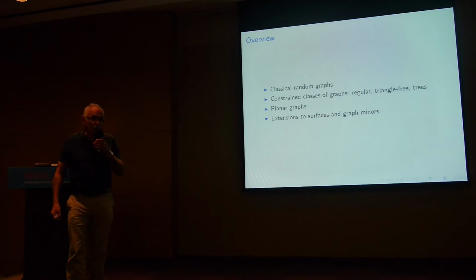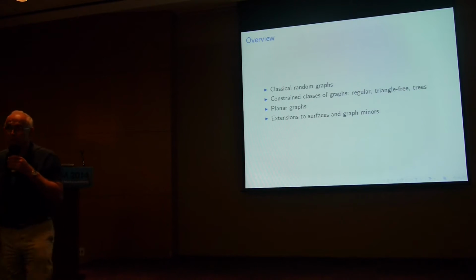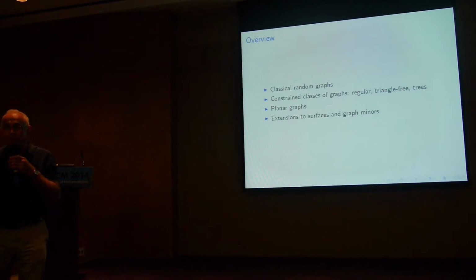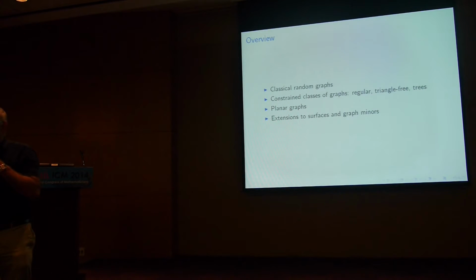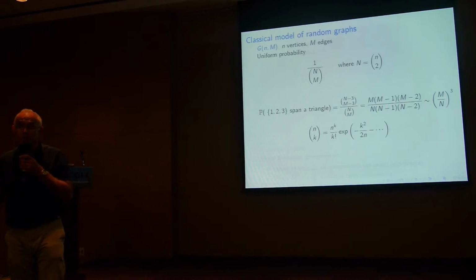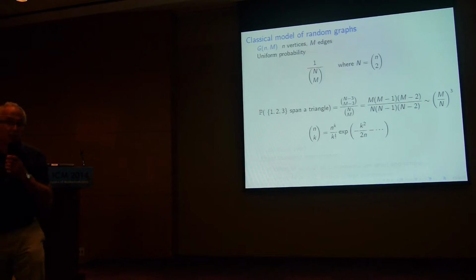And then I will move to a topic in which we now have a real good picture and we can say many results. And finally, I will say something about extensions to more general classes of graphs.